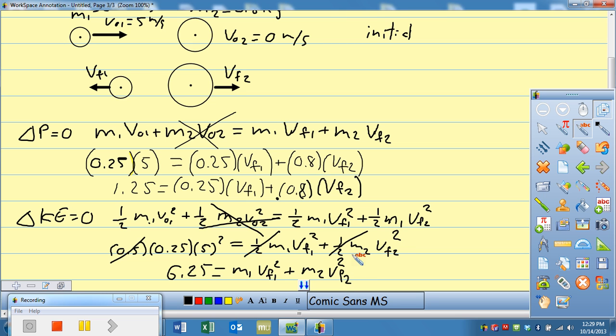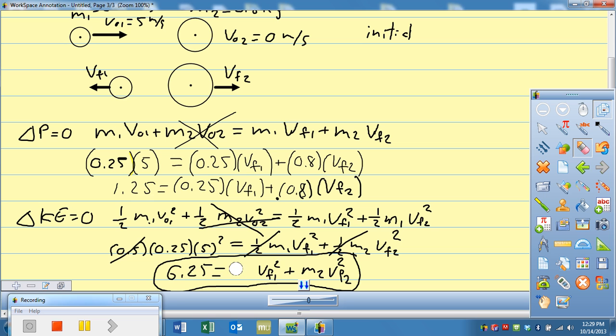So now we basically have two equations. Oh wait. Yeah, we know those M1s and M2s. So actually, I'm going to write this over again. I'm sorry.